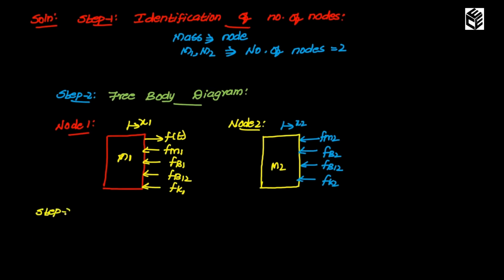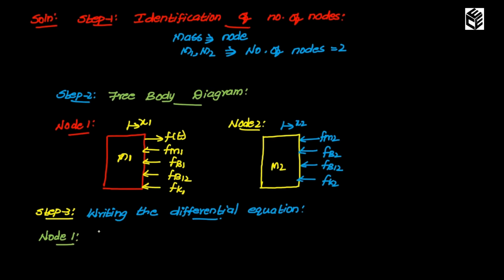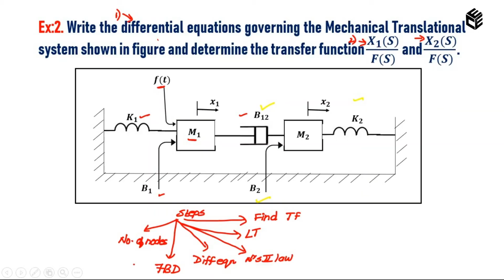What is our step 3? Step 3 is writing the differential equations. I am going to write differential equation for node 1. So for node 1, the equations are Fm1 is equal to m1 into d square x1 divided by dt square, and Fb1 is equal to, check the diagram, B1 is connected to m1 alone, correct?